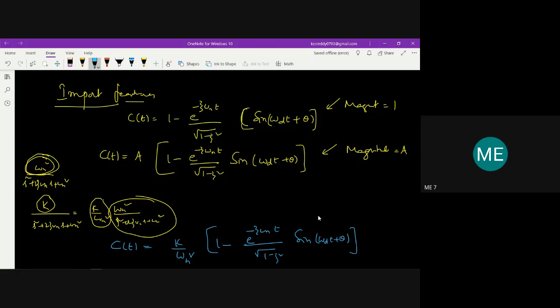See, this is for when the numerator does not contain omega n square in the second order system. So these are the important points which you have derived from this equation.